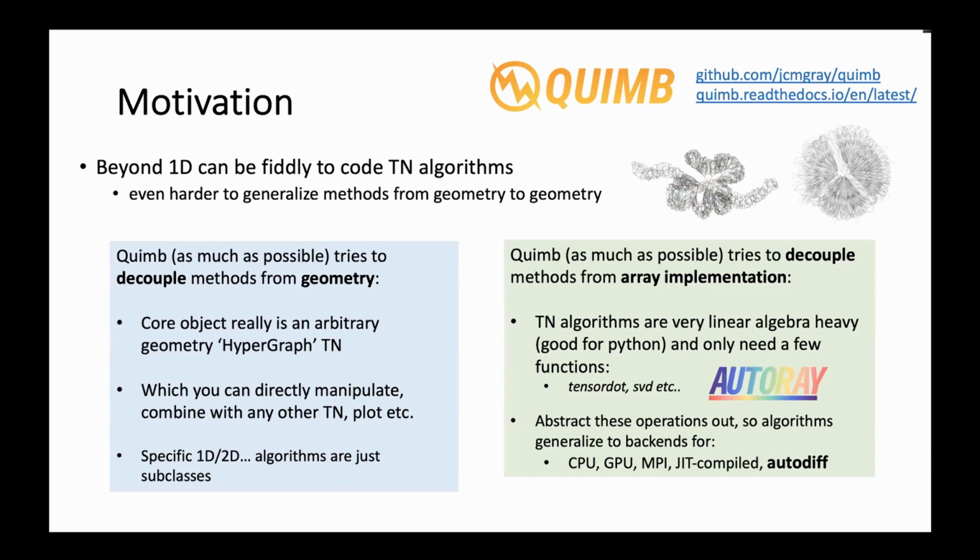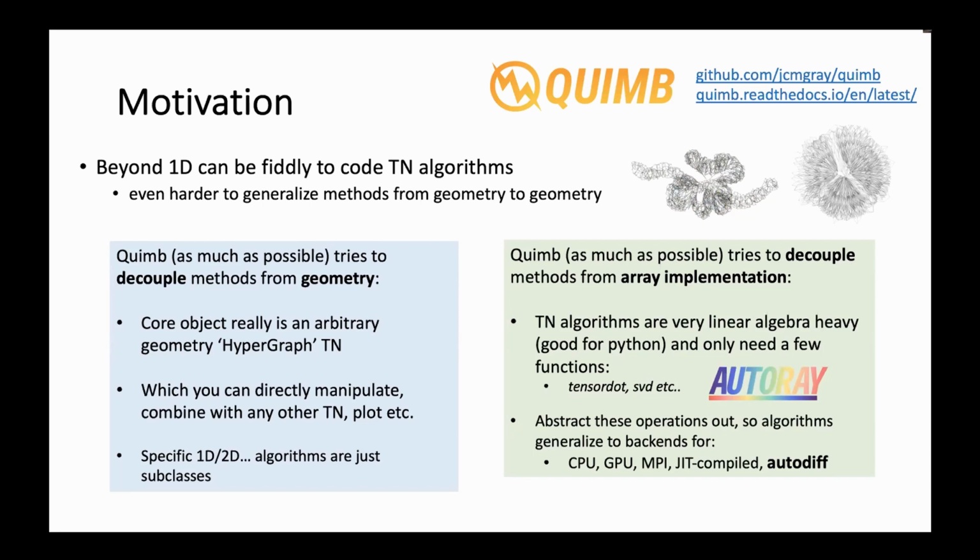Another thing is Quimb tries to decouple as much as possible the actual underlying array implementation from the algorithms. These algorithms are very linear algebra heavy, which is great for Python, and you only need really a few functions to be supplied.